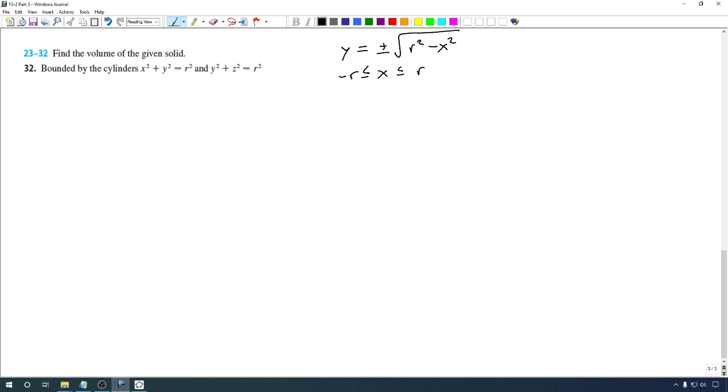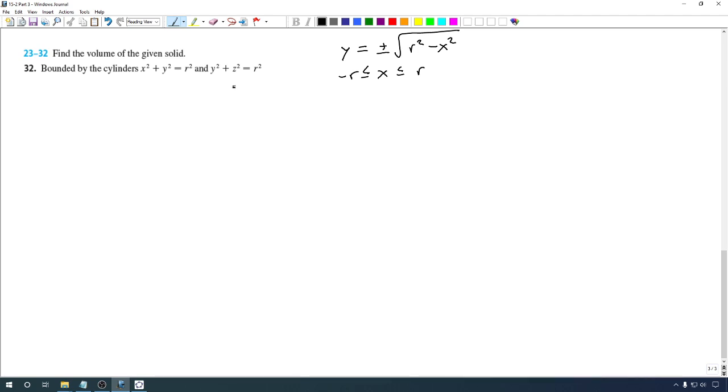To find out what goes inside, we have to deal with what are the top and bottom surfaces. So here, this is something that we haven't done yet. You can find the area between two curves back in Calc 1 by subtracting the two functions that you're dealing with. Well, here, to find the volume between two surfaces, we do exactly the same thing. We are going to solve this to find out what z is in terms of x and y.